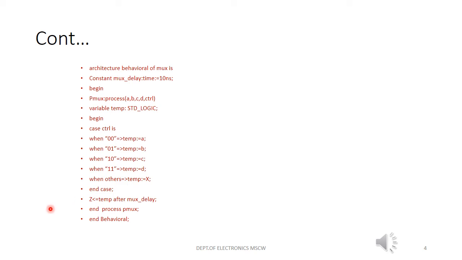Finally we have to write what output we get. If you have selected 0 1, your control goes directly to 0 1 and you get the output equal to B. Then your control directly jumps to the end case. The other cases are not going to execute.